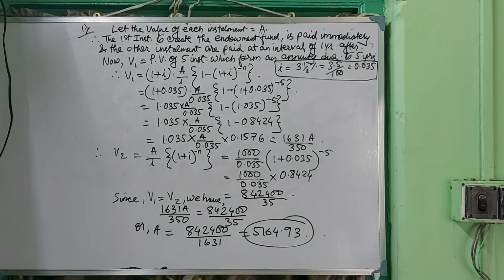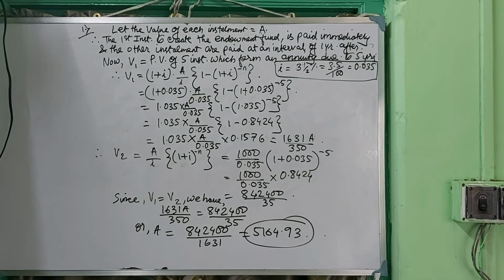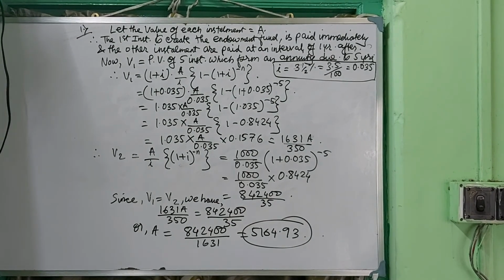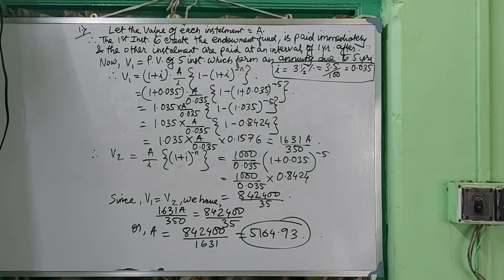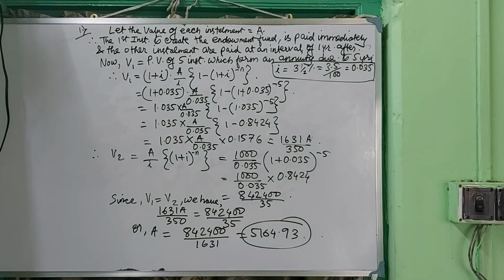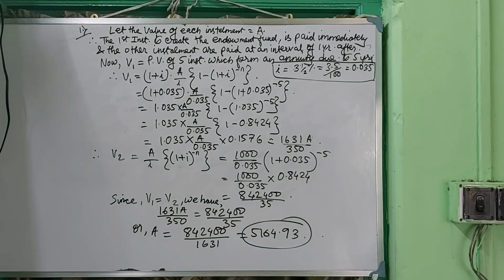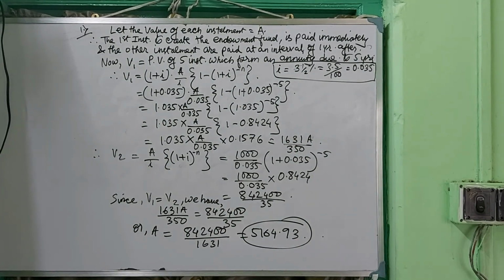So V1 is equal to V2. I have calculated V1 as 1631A divided by 350 and V2 as 842400 by 35. You just calculate it, interchange it, you will get the answer of each installment. Means you have to pay each installment as 5164.93. That is your answer, and that is the end of your chapter of annuity.